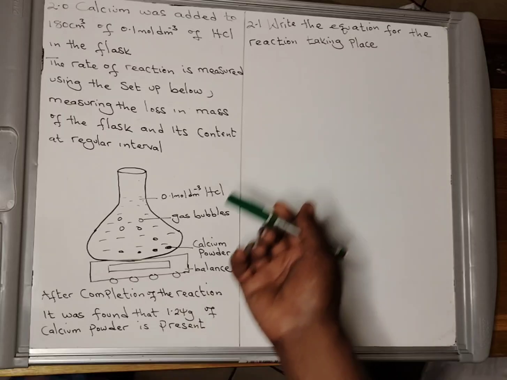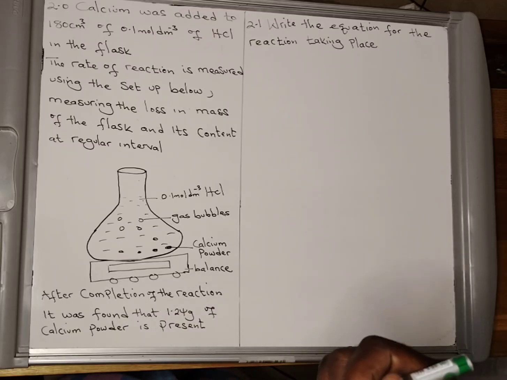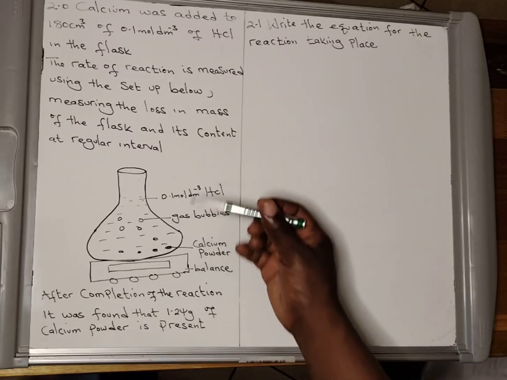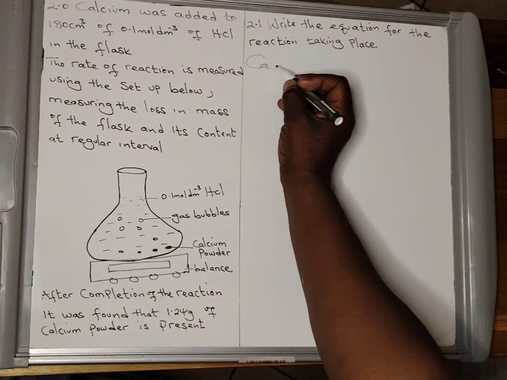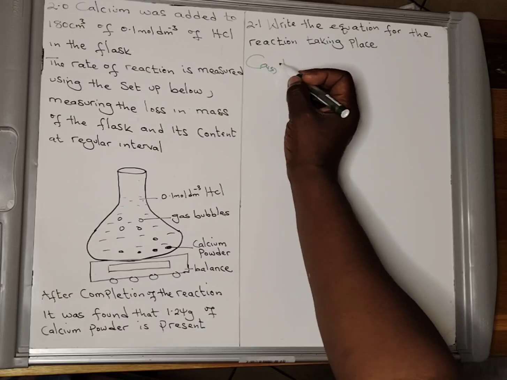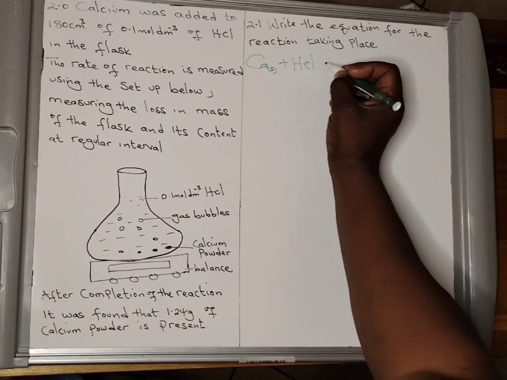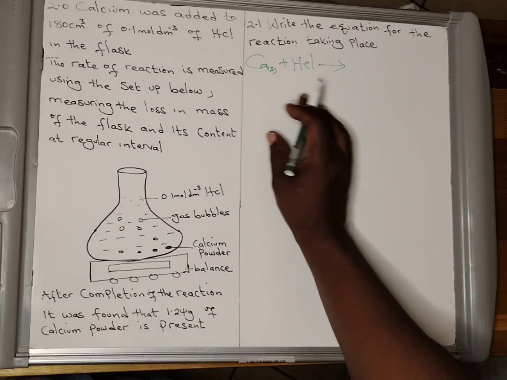We know this is not a typical question you are used to finding in rates, but let us try our magic on it. So what are we having here? We are having the reactants here. The reactant is calcium, a solid, reacting with HCl. If you perform this inorganic reaction, what do we have?